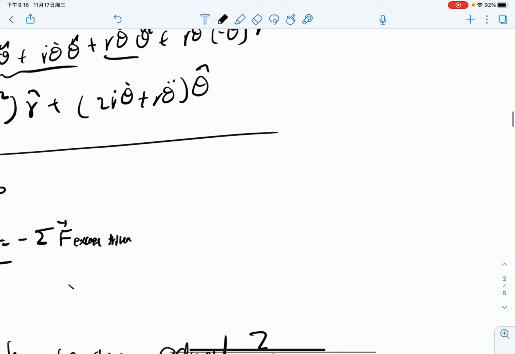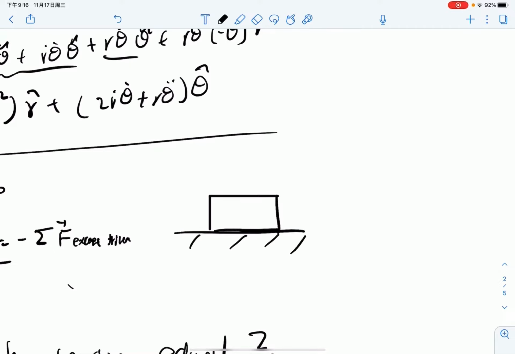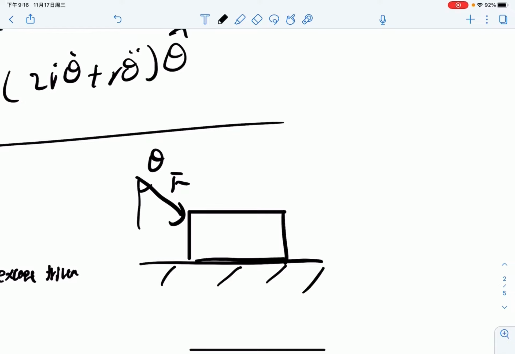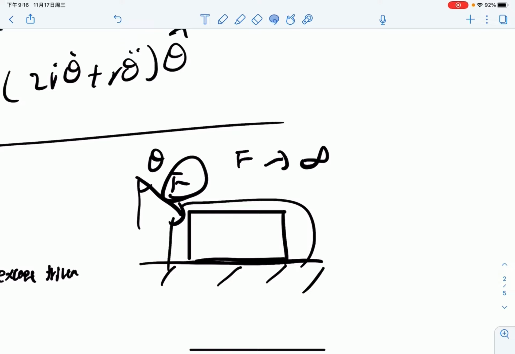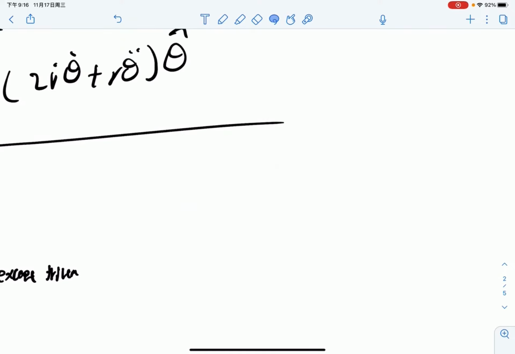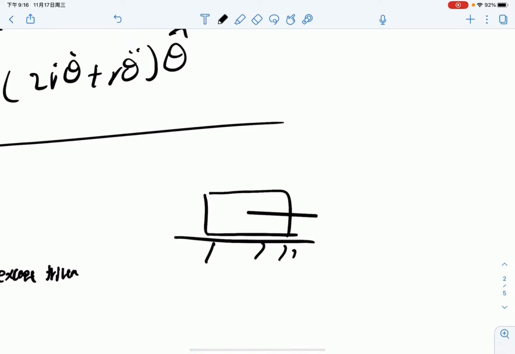An interesting thing I want to point out is that there is something called a lock. If you push at a certain angle, even if F goes to infinity, the block can still not move, for some values. You can do the calculation and see. Let me draw the diagram.